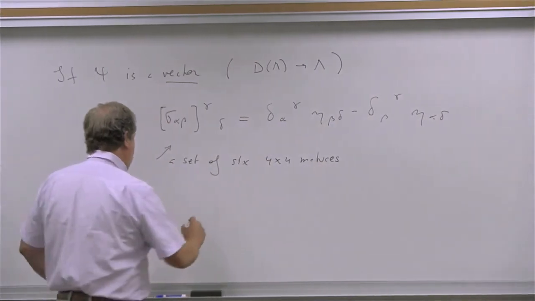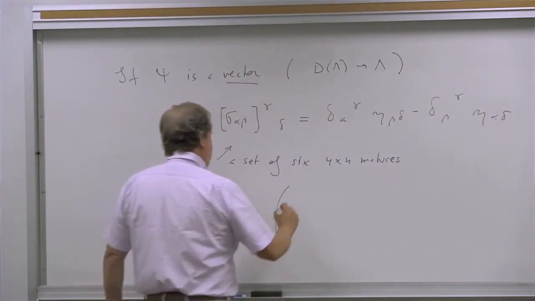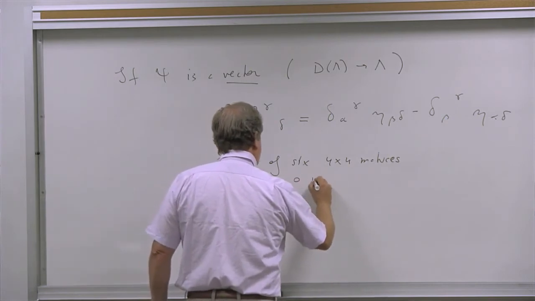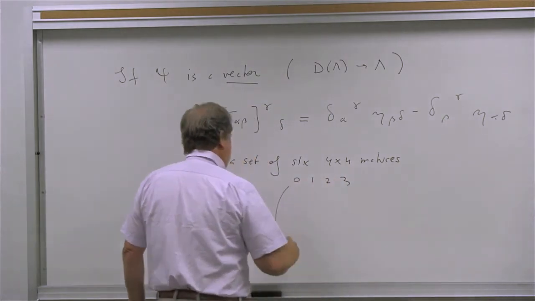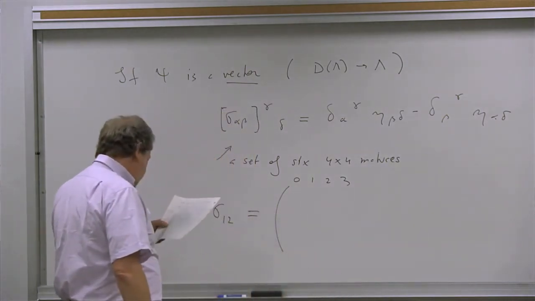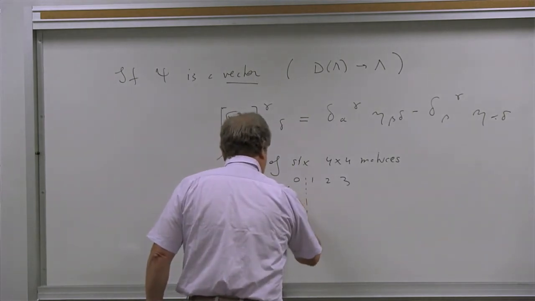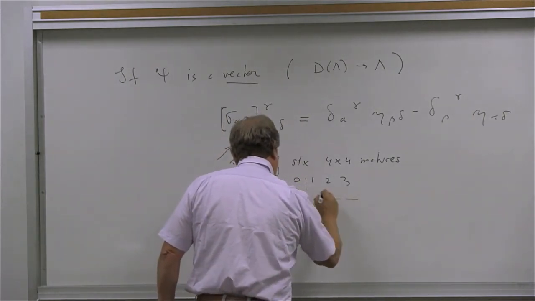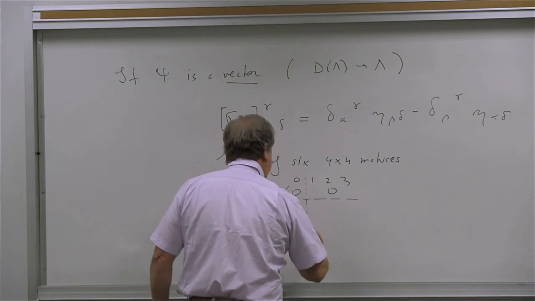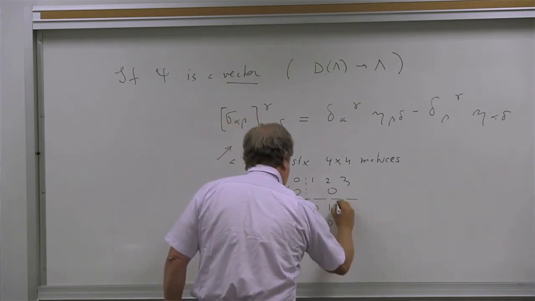So actually sigma 1, 2, you can figure that out in a minute or so. If you label the components by 0, 1, 2, and 3, then this is 0 everywhere, except it is 1 and minus 1: 0 here, 0 here, 0 here, and the 1, 2 entries are 0, 1, minus 1, and 0.